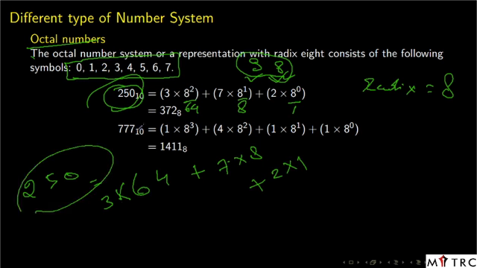This way we can represent it in this decimal form. How we find this, 372, there is a good procedure by continuous division that we will discuss later on. But we can see that 250 in decimal number can be expanded like this in the octal number system.